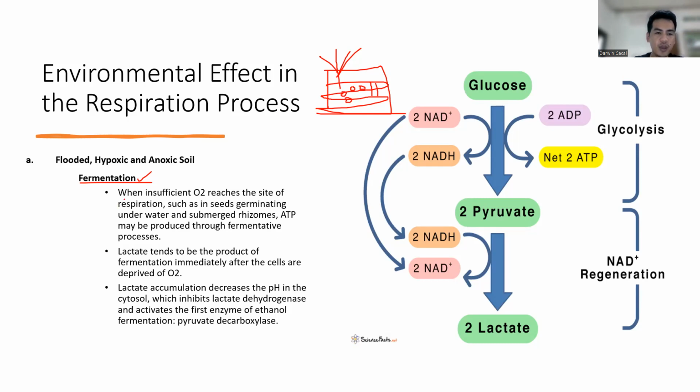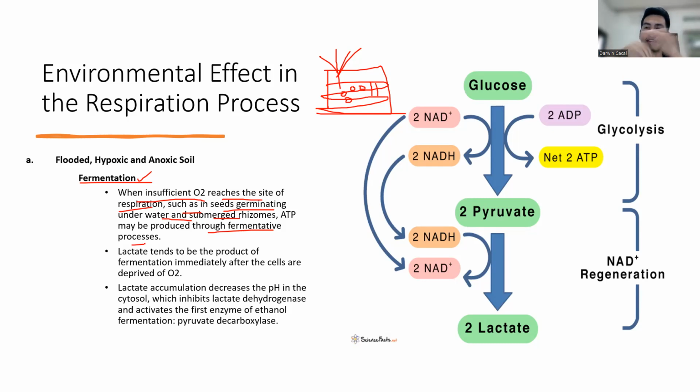Okay? So when insufficient oxygen reaches the site of respiration, such as seed germination, underwater, and submerged rhizome, ATP may be produced through fermentative process. So kapag siya ay flooded area pa lang, restricted ang ATP.